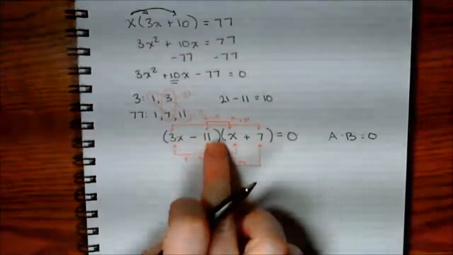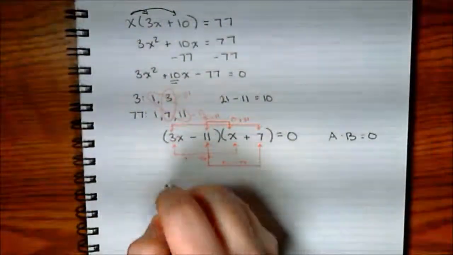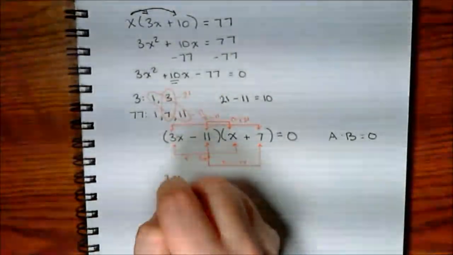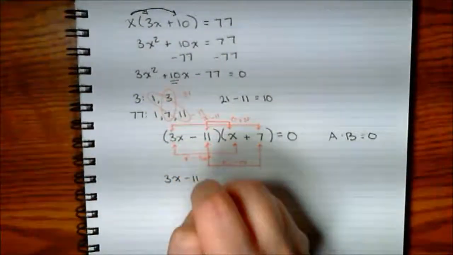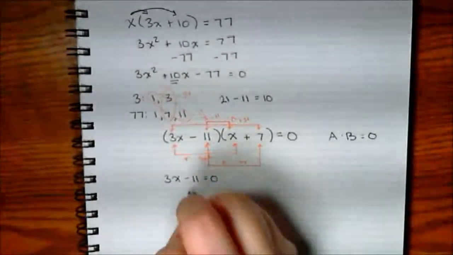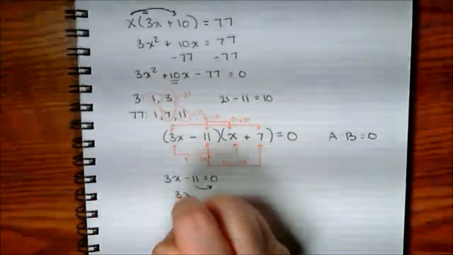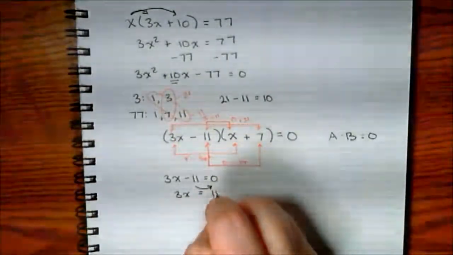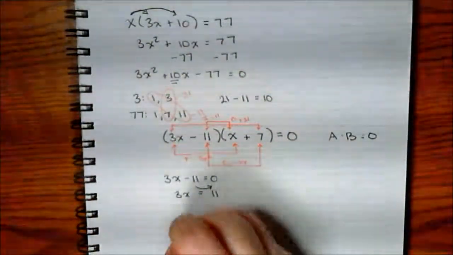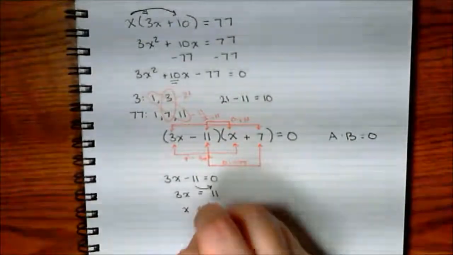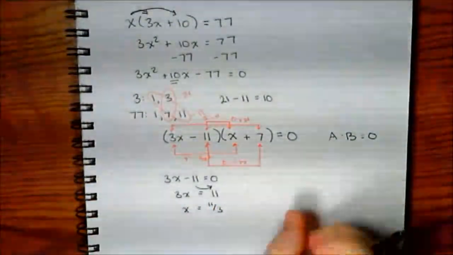So when we take this left-hand set of parentheses and set it equal to 0, we have 3x minus 11 equals 0. Adding 11 to both sides of the equation gives us 3x equals 11. And finally, dividing both sides by 3 gives us x equals 11/3.